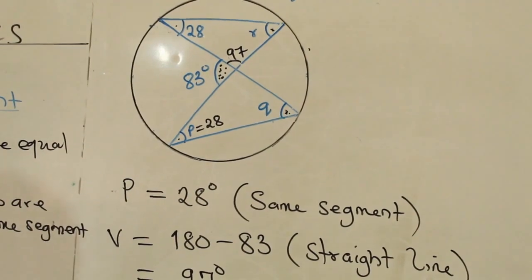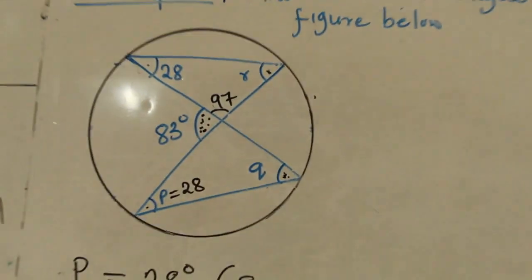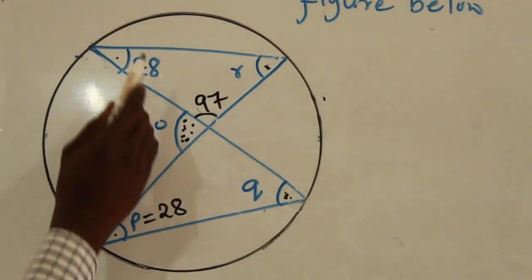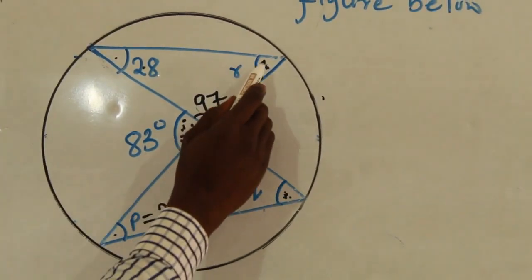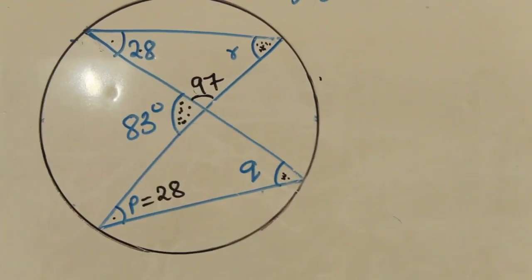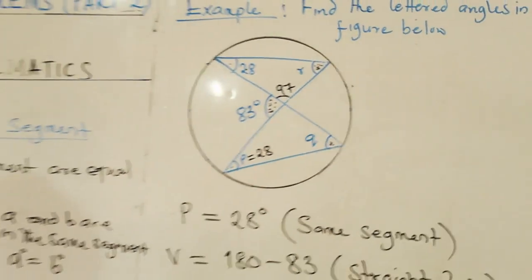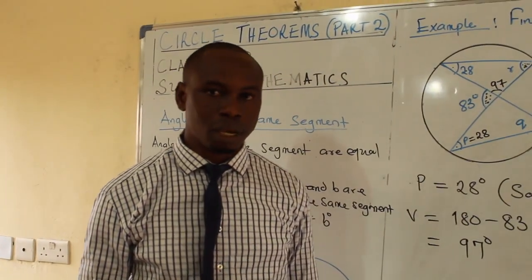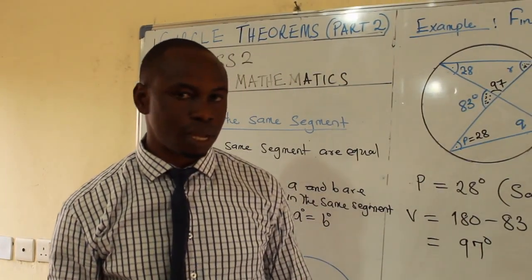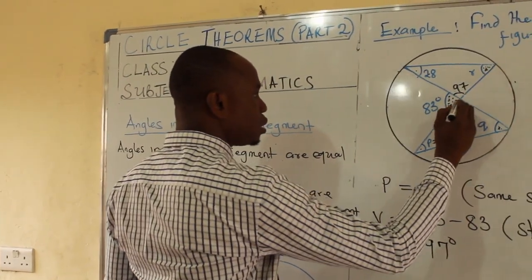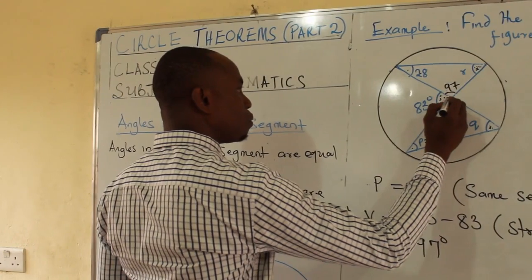Now that I have that part to be 97 and I already had this part to be 28, it becomes possible to get this R. Because, like I said earlier, if you know 2 angles in a triangle, then it is possible to get the third. This is a triangle. No matter how small, it is still a triangle.